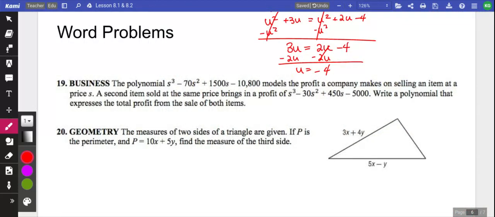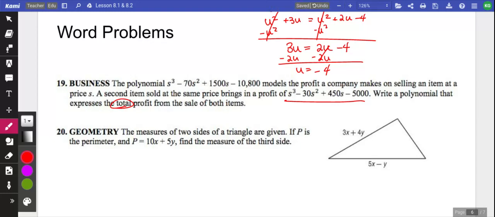The polynomial s cubed minus 70s squared plus 1500s minus 10,800 models the profit a company makes on selling an item at a price s. The second item is sold at the same price and brings in a profit of this. Write a polynomial that expresses the total. So for the total, I'm going to add them together.